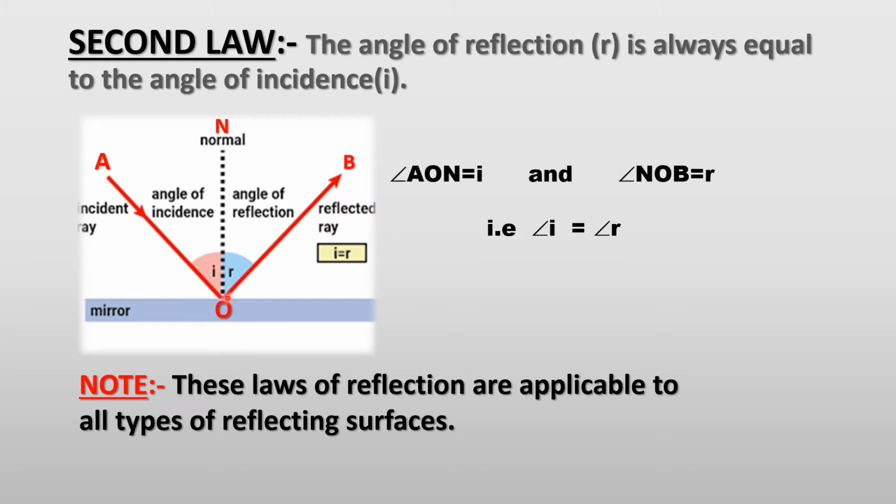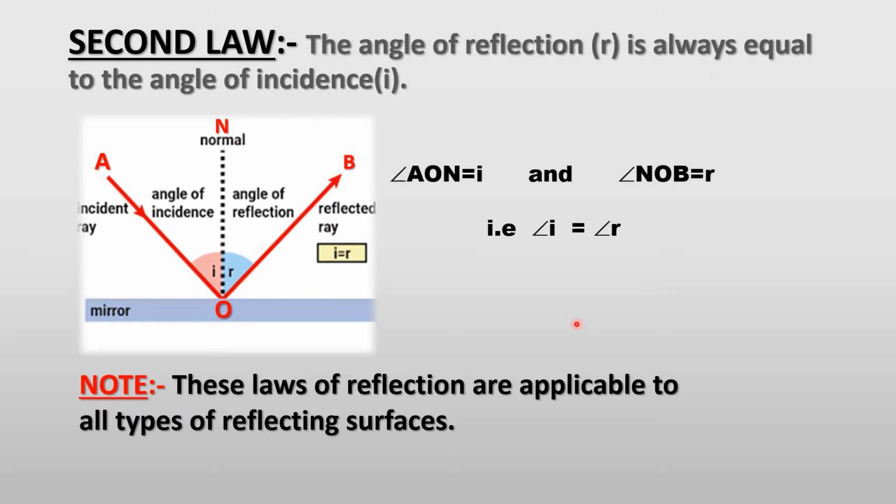So, in this image, angle AON is the angle of incidence and angle NOB is the angle of reflection. According to this law, angle I is equal to angle R. So, if angle of incidence is 30 degrees, angle R will also be 30 degrees, and if angle of incidence is 60 degrees, angle of reflection will also be 60 degrees, and so on.